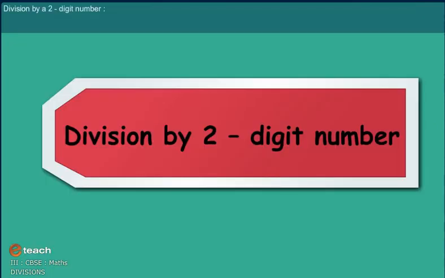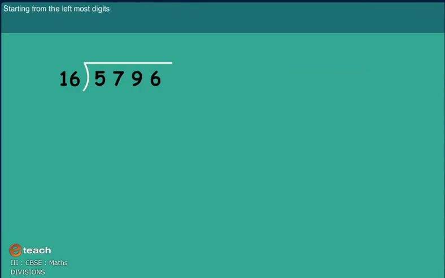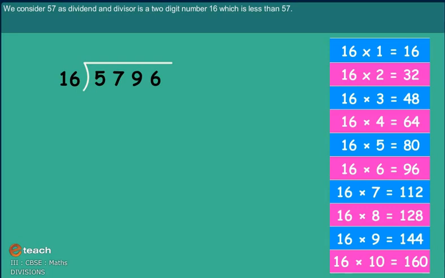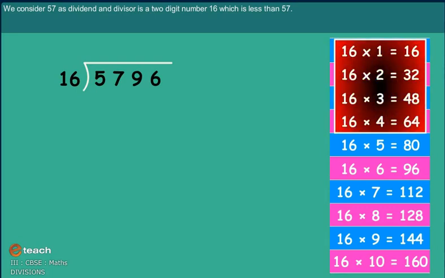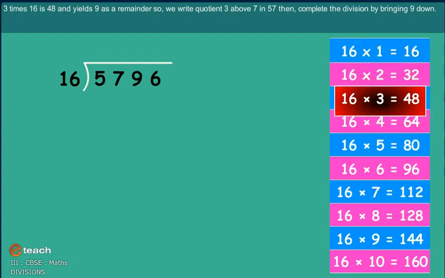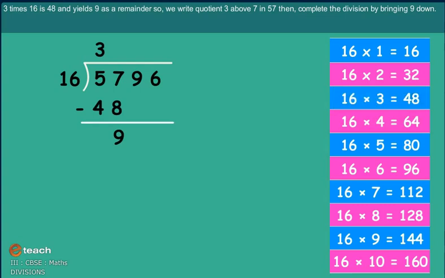Division by a two-digit number. Starting from the leftmost digits, we consider 57 as dividend, and the divisor is the two-digit number 16, which is less than 57. 3 times 16 is 48 and yields 9 as remainder. So we write quotient 3 above 7 in 57, then complete the division by bringing 9 down.